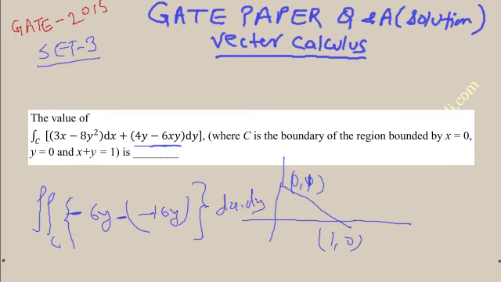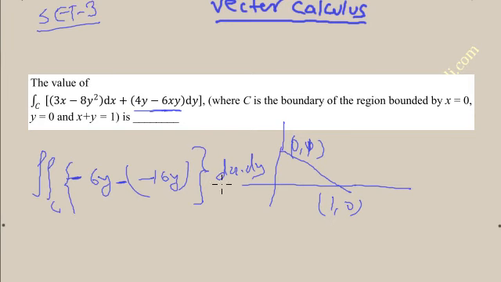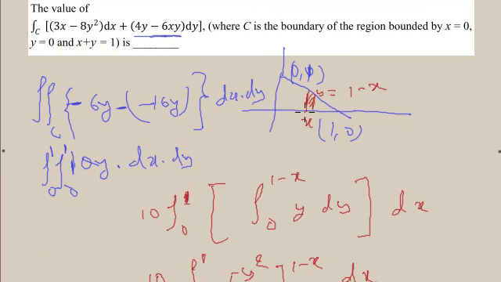So the double integration has range 0 to 1 and the integrand is 10y dx dy. To solve this double integration, you make one strip here, and the range of y is 0 to 1 minus x.